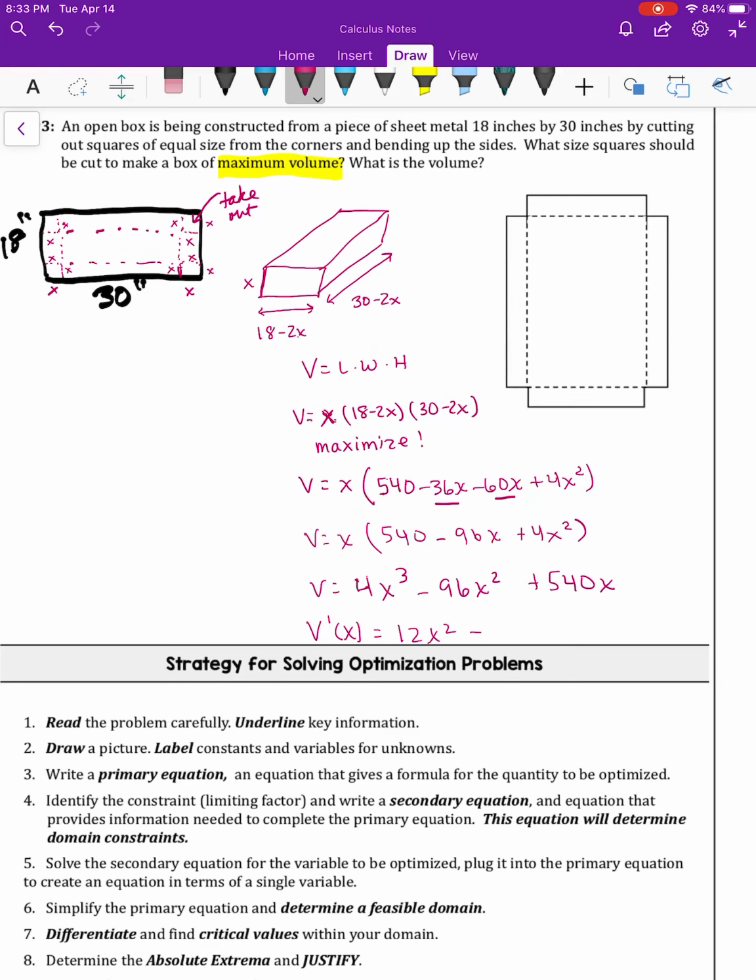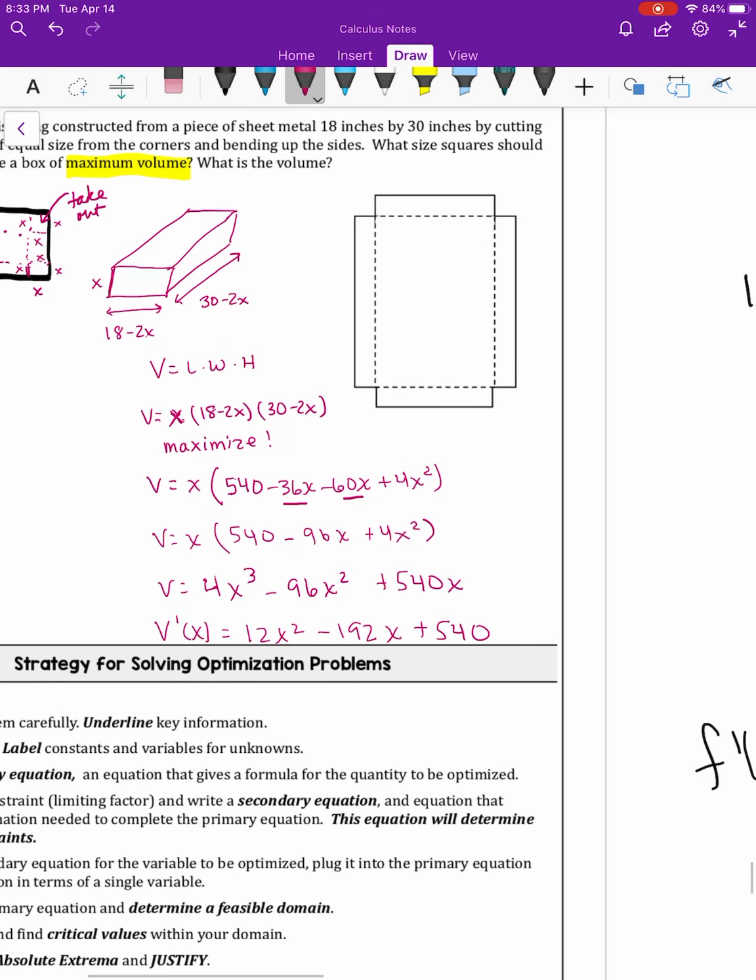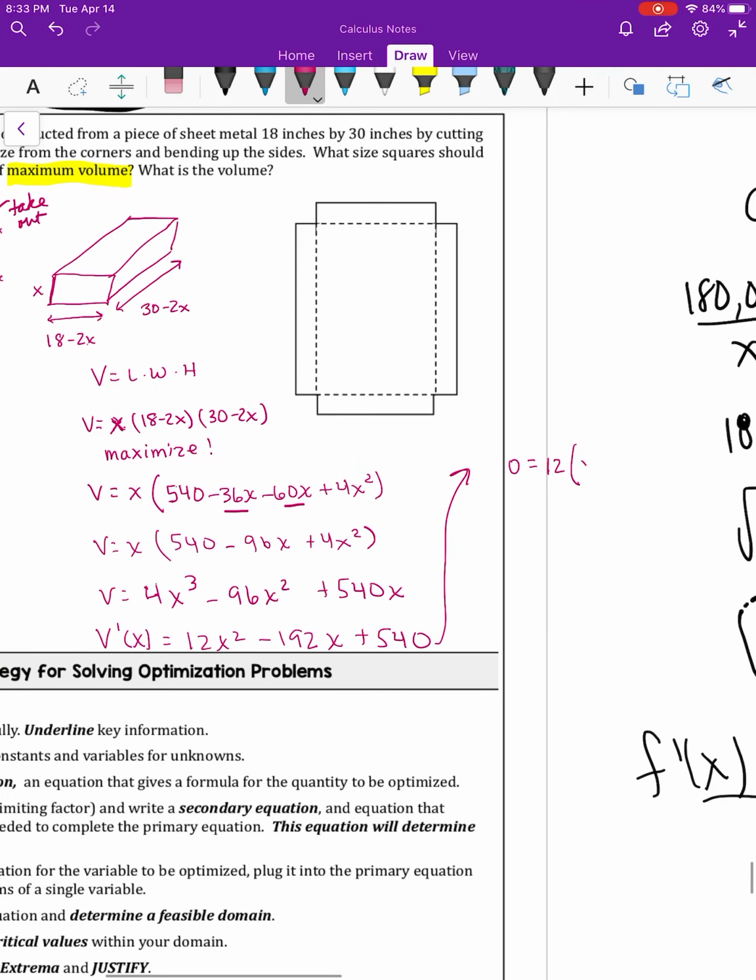And this is what we're going to take the derivative of. If you wanted to, you could say v prime of x. You don't have to. This is going to be 12x squared minus 192x plus 540. And I want to set that equal to 0.